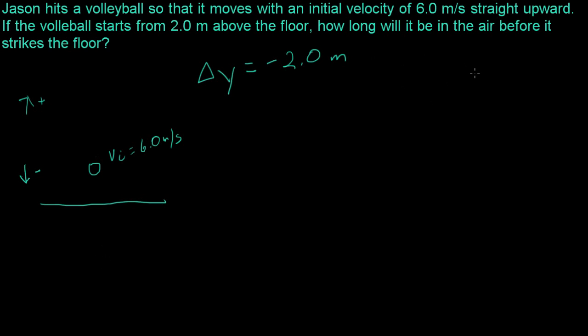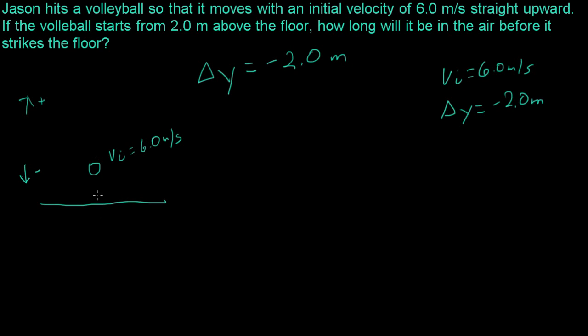Okay, so we'll come over here and make another list of our knowns. We know vi is 6.0 meters per second, and we know delta y, the change in position, is going to be negative 2.0 meters. Now, you might say, but 2 meters isn't the change in position. It goes all the way up here and then comes all the way back down.